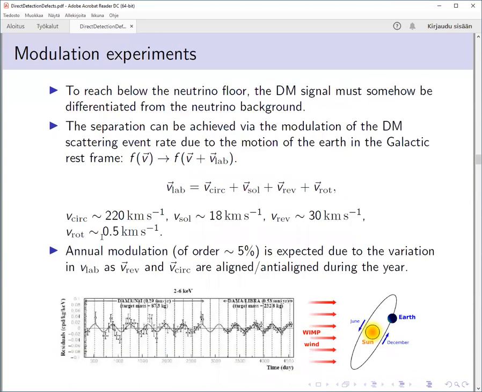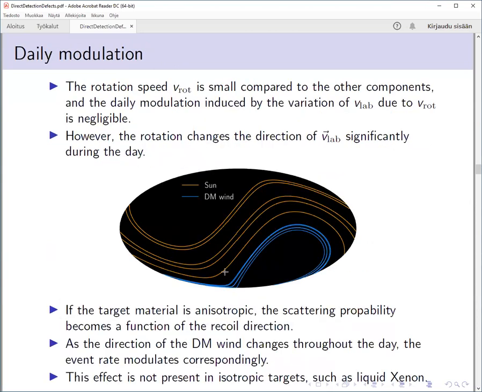If you have a lab on the surface of Earth, the velocity related to this rotation of the Earth is very small, of course, compared to the velocity of the Earth moving around the sun. So this doesn't give a significant effect. But of course, it changes the direction of this dark matter wind by a large amount every day as the Earth rotates.